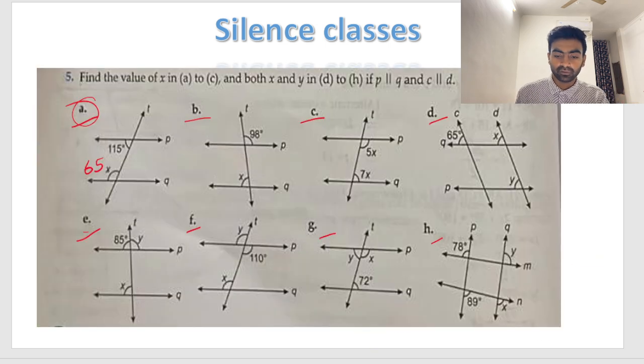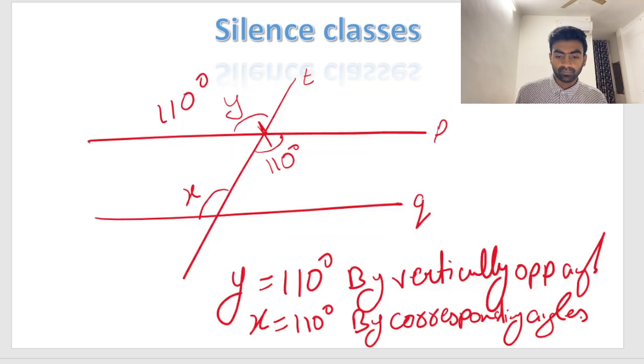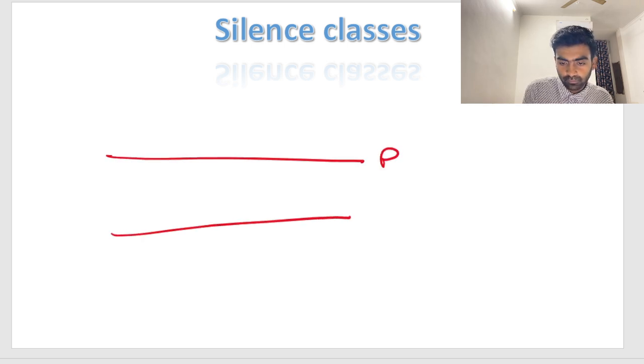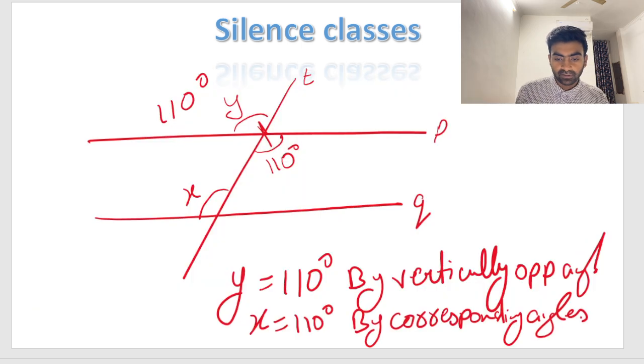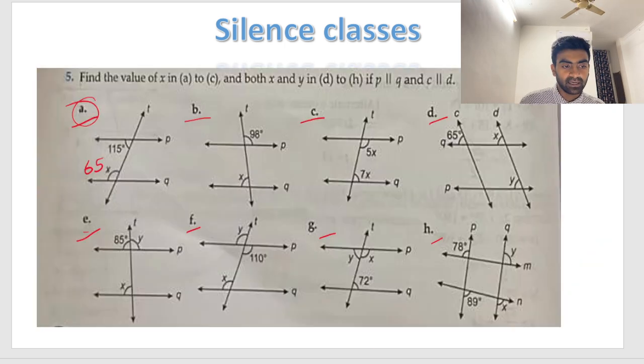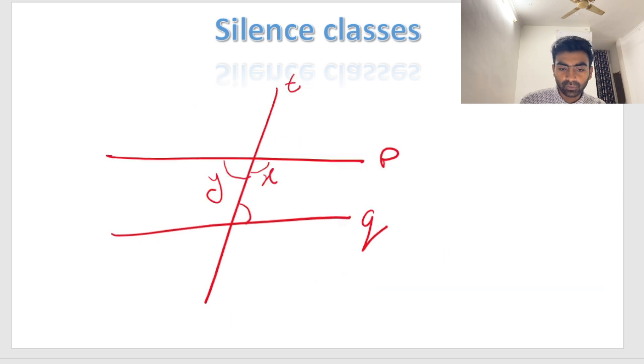Okay, let's draw these lines. This one is P, this one is Q, and this is T, and this one and this one are X and Y, and we know this angle is 72 degree.